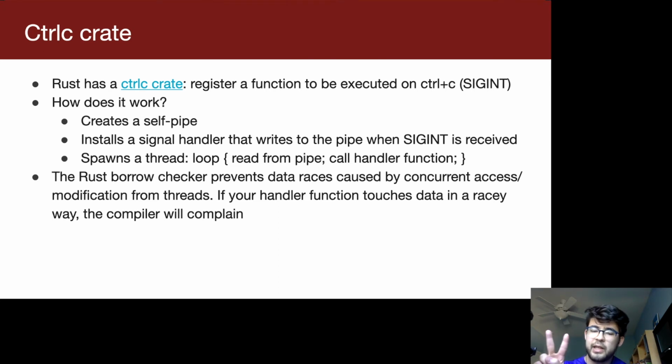That no two places in the code can use a variable when at least one place is modifying it. And that's really what causes race conditions, is somebody is modifying data while somebody else is trying to use it. And the Rust borrow checker already prevents that. So with this setup, you can't have concurrency problems. You can't have data races in your code.